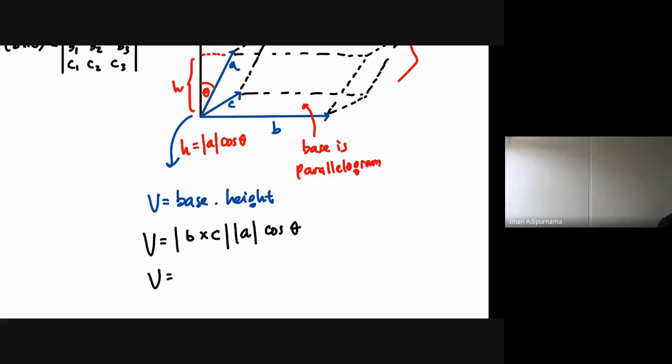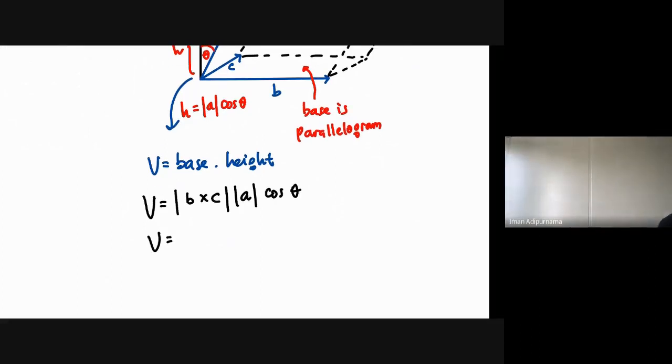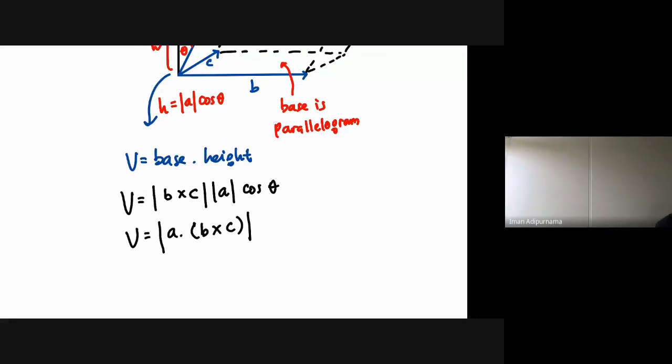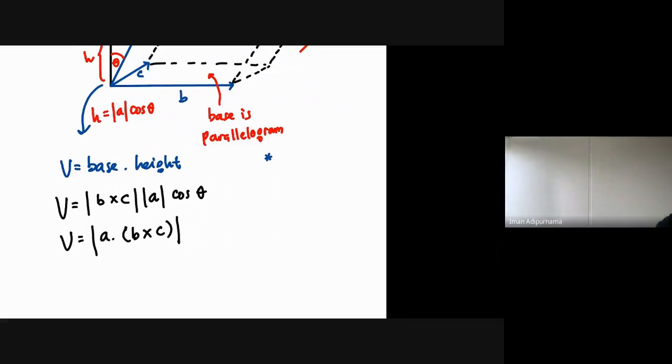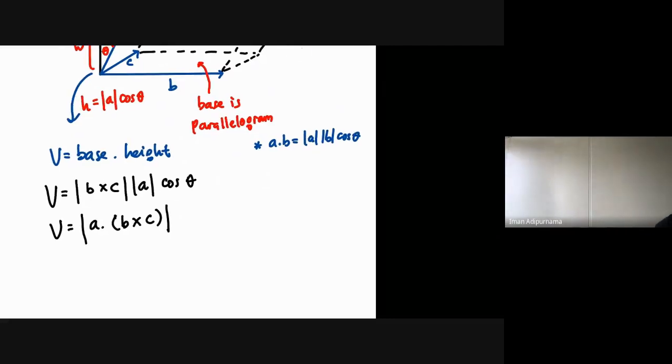And this volume we can exchange with A dot B cross C. Remember that if you have vector A, vector B, this is the result, right?